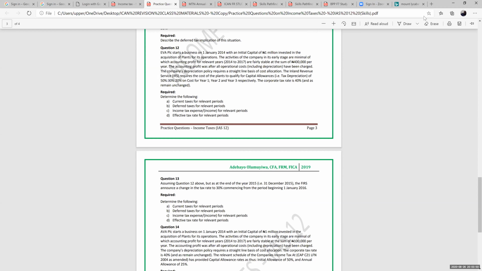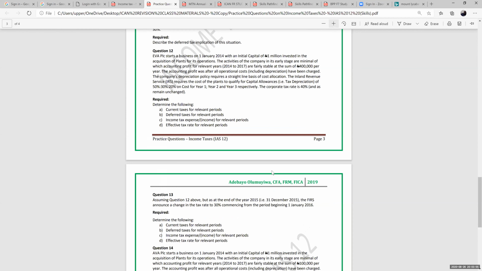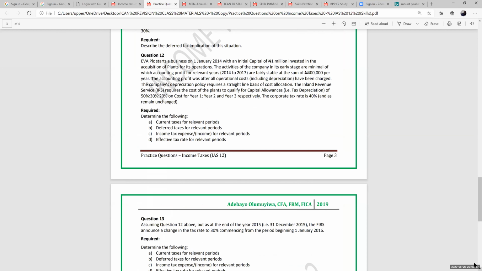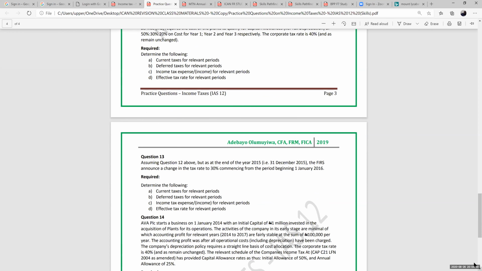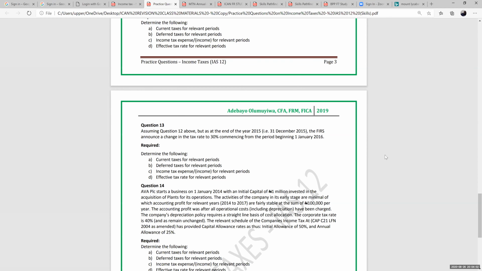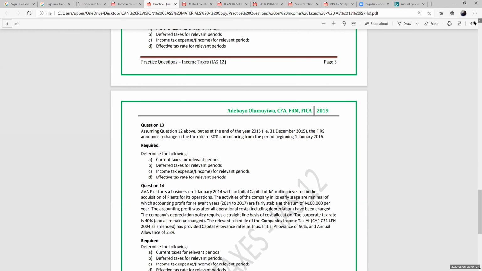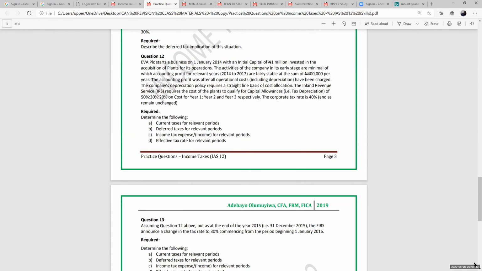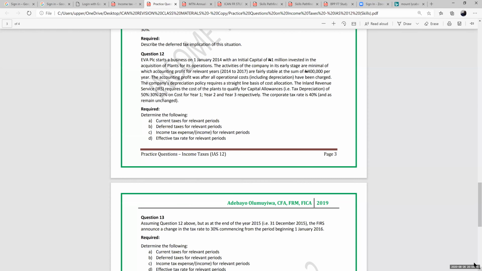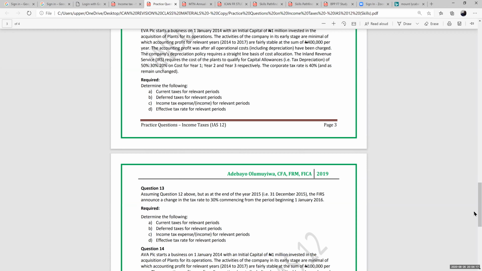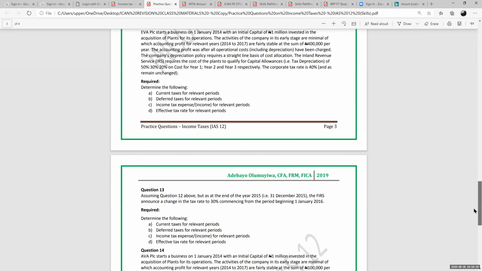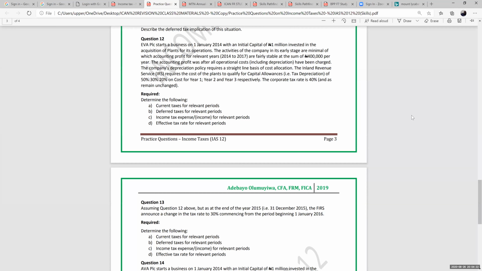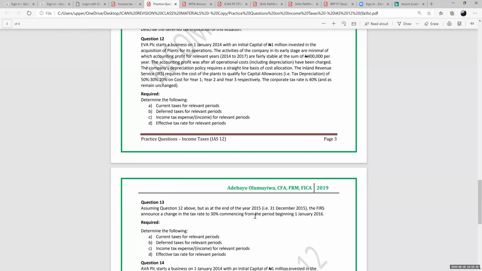Question 13 is a follow-up to question 12, which we did yesterday. I'm trying to explain the difference between question 12 and question 13, so I'm putting them on the same screen so that we can compare the two at a glance. Now question 13 reads as thus.